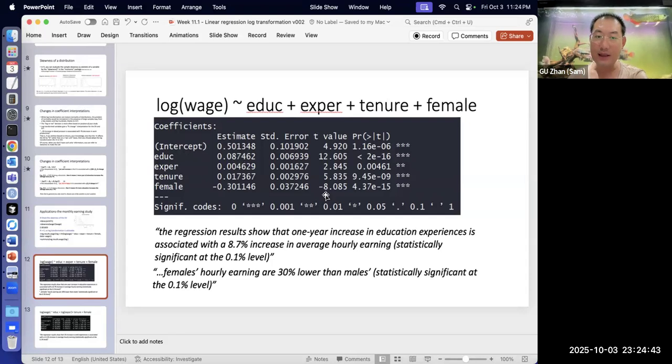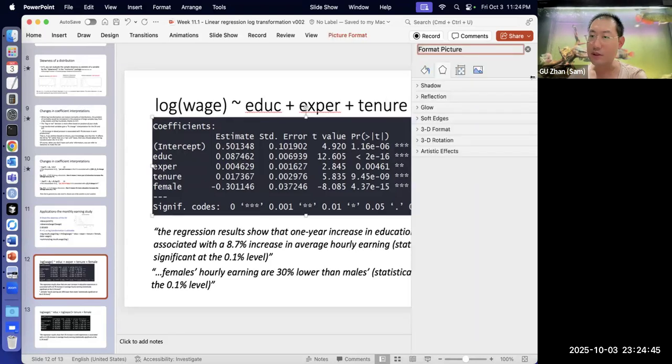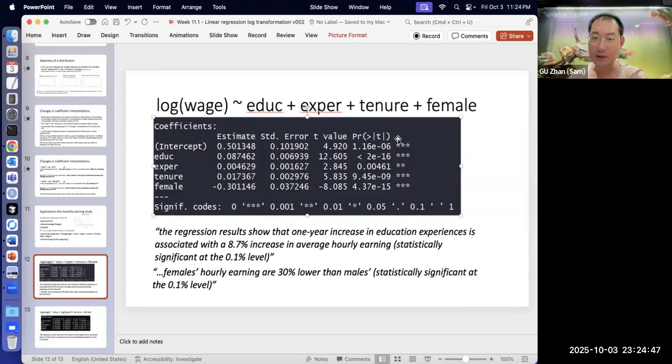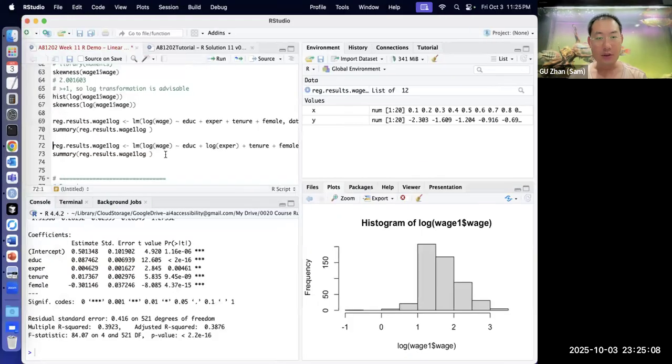This p-value is very small, so it is very significant. Then for female, the hourly earning rate is 0.30 times 100, negative 30%. That's lower than the male hourly rate. So this is what we're seeing.